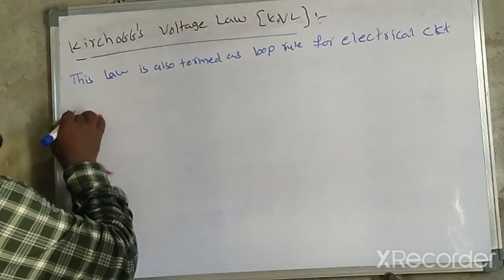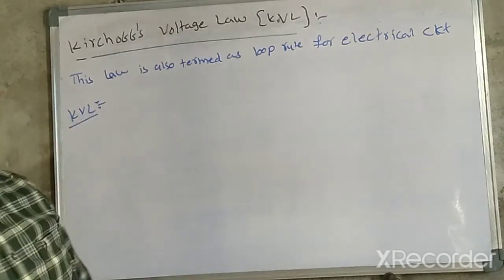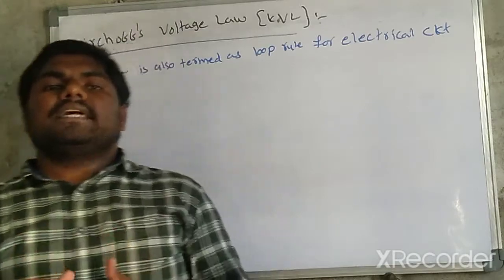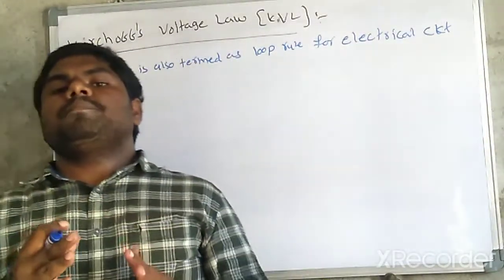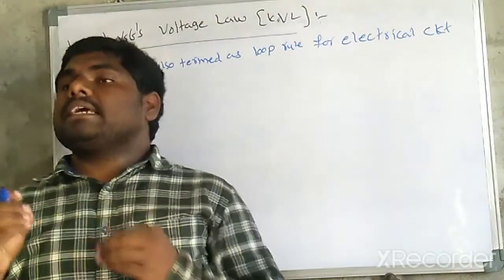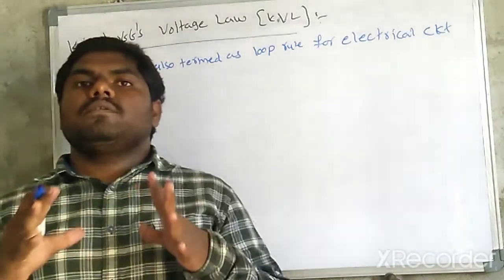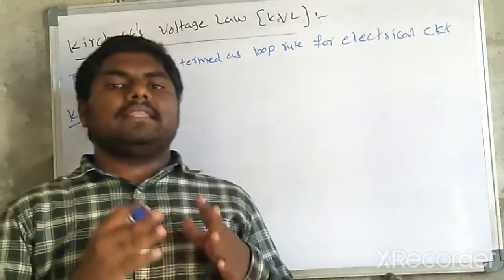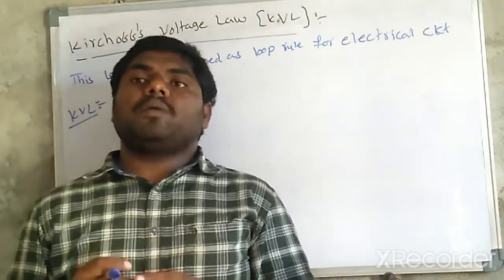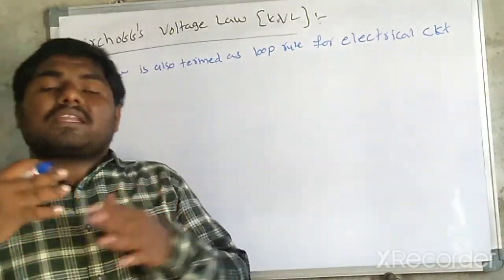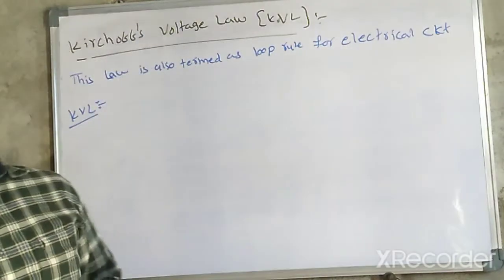So what is meant by KVL? The KVL rule states that in any closed loop of an electrical circuit, the sum of all EMF of the loop and all the potential drops across all resistances of the loop is equal to 0.